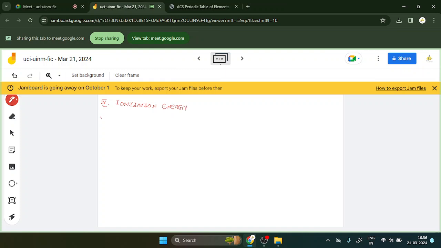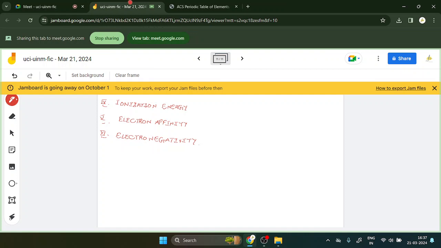Then electron affinity, and next is electronegativity. Clear what I am trying to say? These are some of the properties which we will look at.